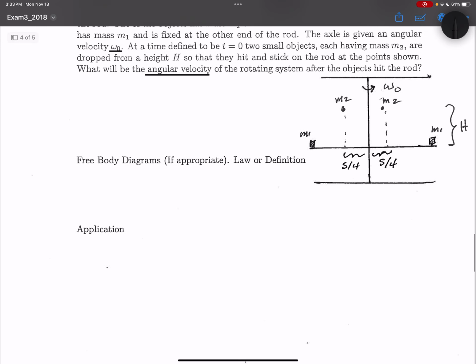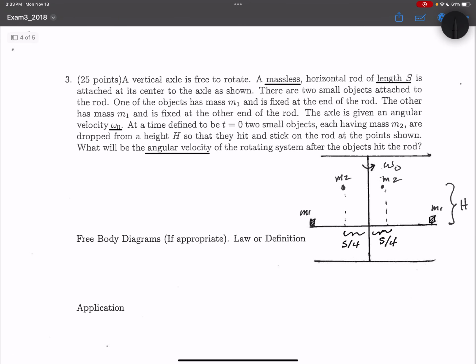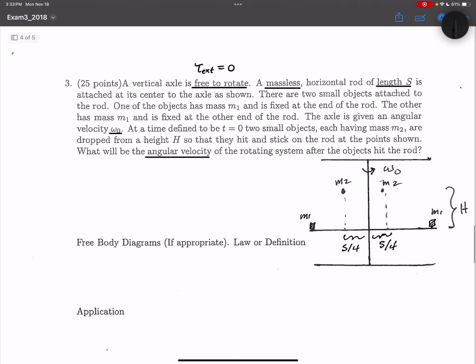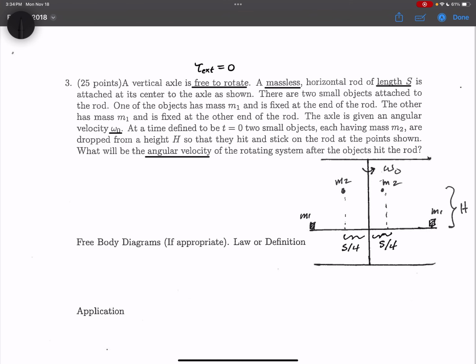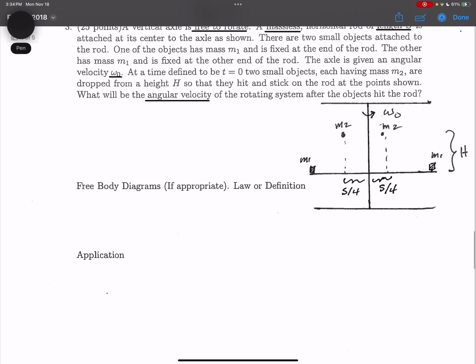Okay, so this is conservation of angular momentum because, again, it says free to rotate. So that means the external torque is 0. So we can use conservation of angular momentum. And the way we're going to do that, and make sure my iPad doesn't die, is, again, L initial equals L final.